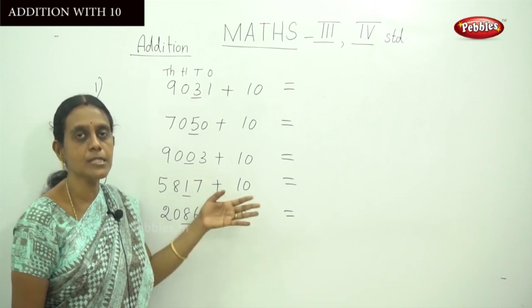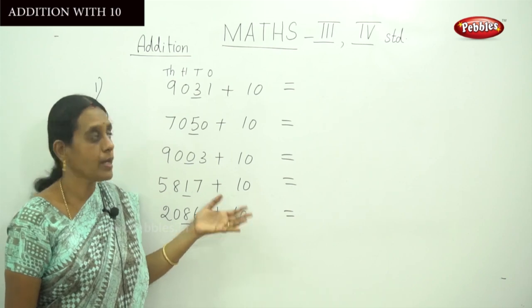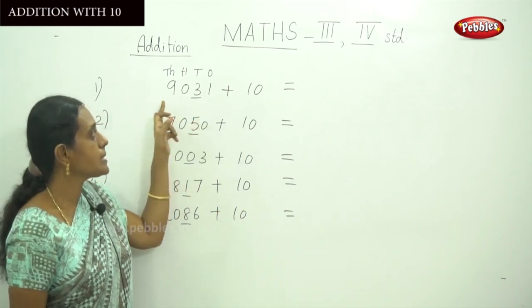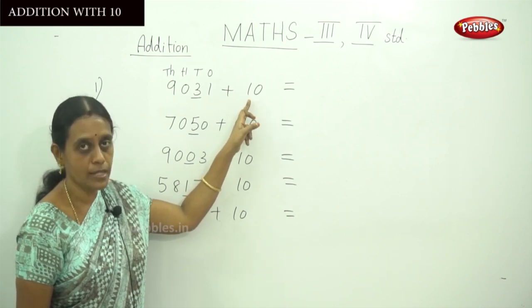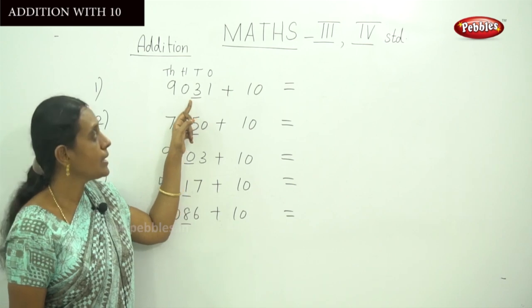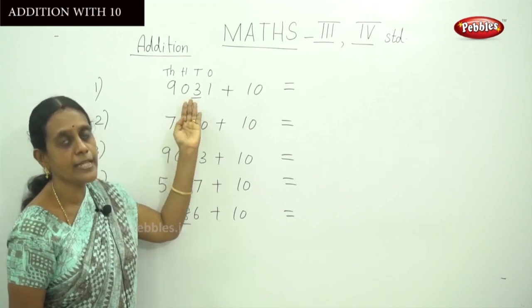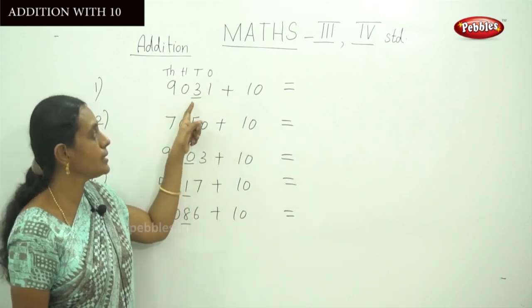10 plus 10 means 20. 60 plus 10 means 70. So the 4 digit number 9031 plus 10: focus on your tens place number and change this 3 to the next, that is 4. After 3 comes 4.